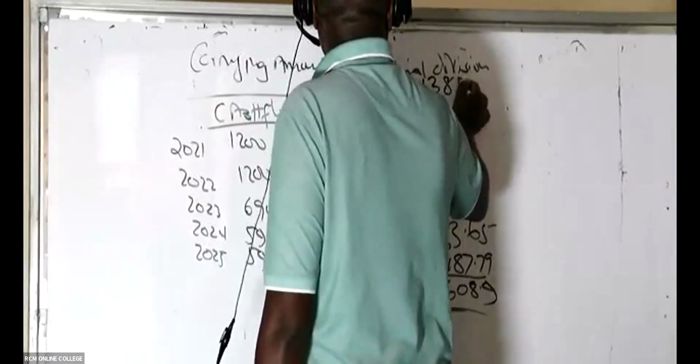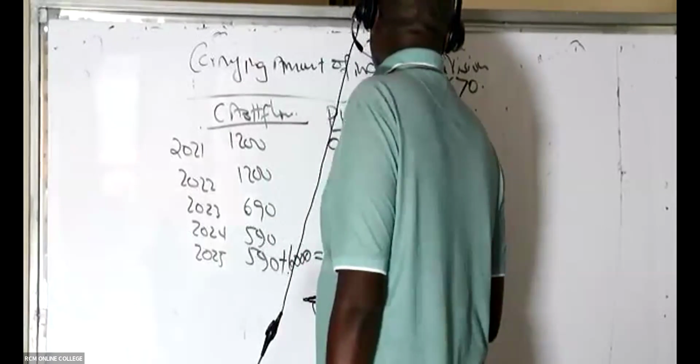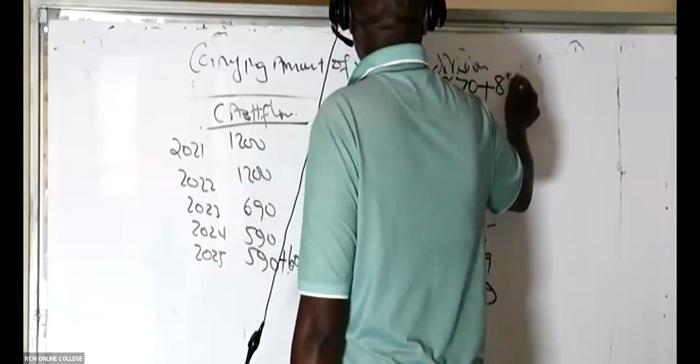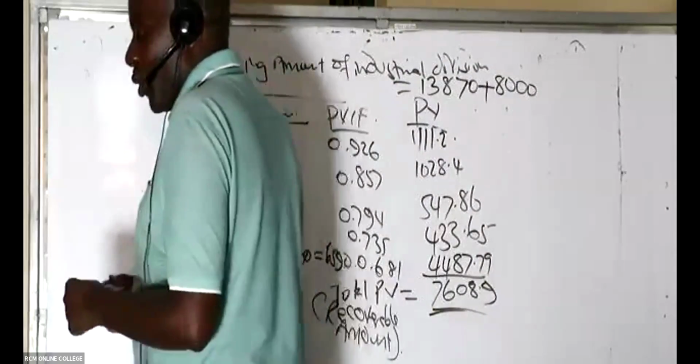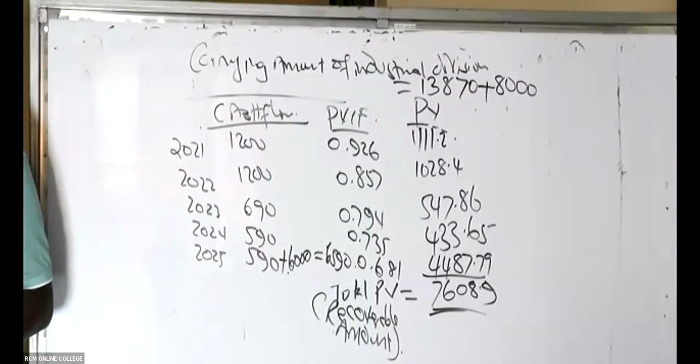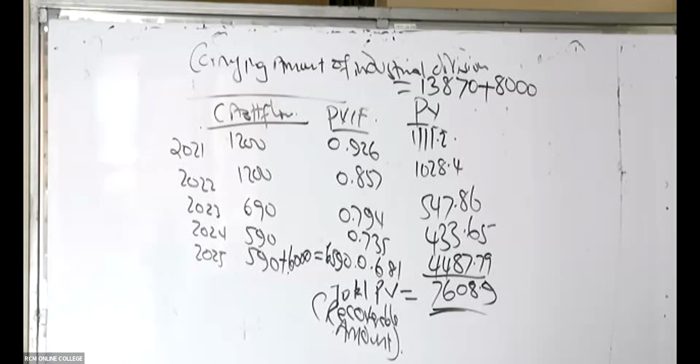Looking at the assets given there, you will realize there is no goodwill, so there should be goodwill of 8,000. Imagine the examiner gives you assets but denies you the goodwill. Remember, for the assets in the cash generating unit, you are supposed to have goodwill as the first thing. So that gives us 21,870.